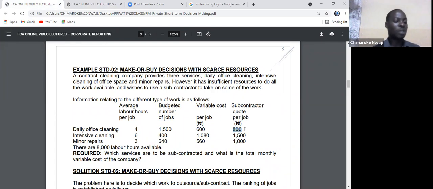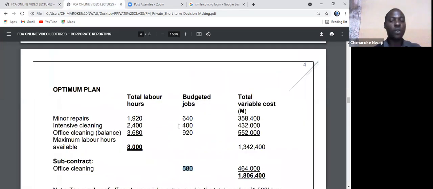So what you do is 580 multiplied by 800 naira, that will give you 464,000. So that is what you are going to spend on the subcontractor. When you add this to what you are going to spend in-house, you are spending a total variable cost of 1,806,400.